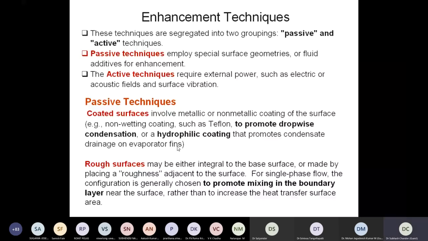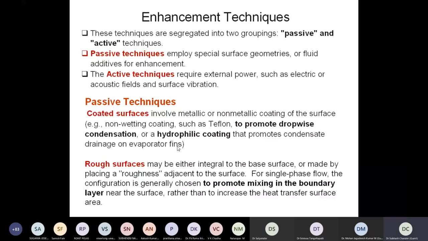Again, they depend upon the application we are going to deal with. If you talk about enhancing the condensation process in condensers, we use coated surfaces. This is one of the passive techniques, right? We are not allowing the droplets to stay over the surface.